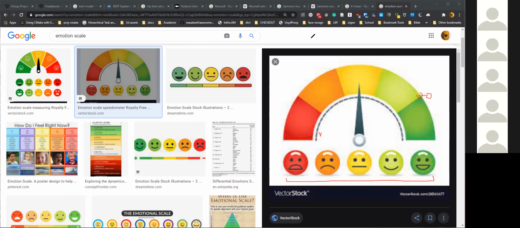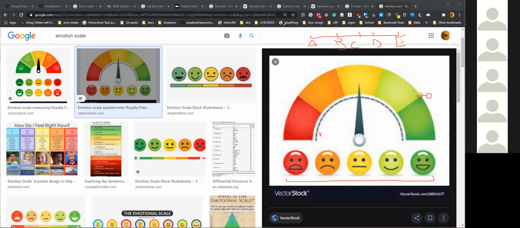What that means is we have 5 categories. Let's make them A, B, C, D, E. When we talk about emotion, we say we are very not happy, we are not so happy, we are neutral, we are happy, we are very happy. They sound like they are next to each other.